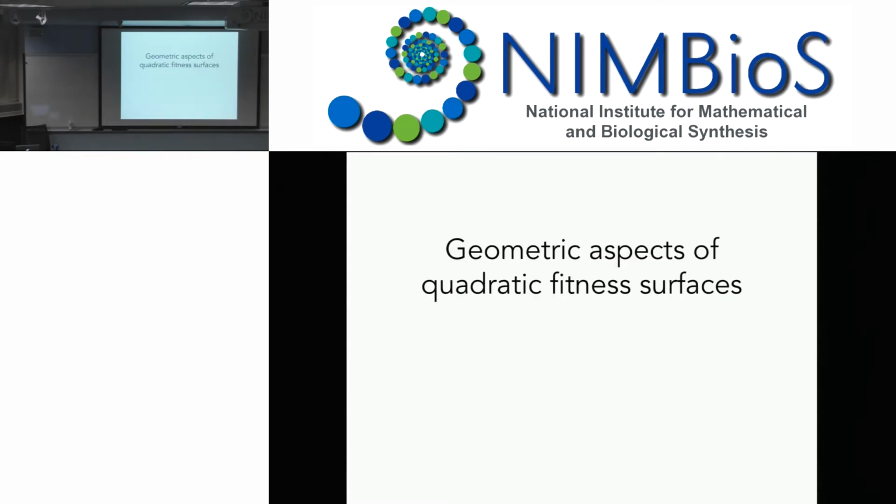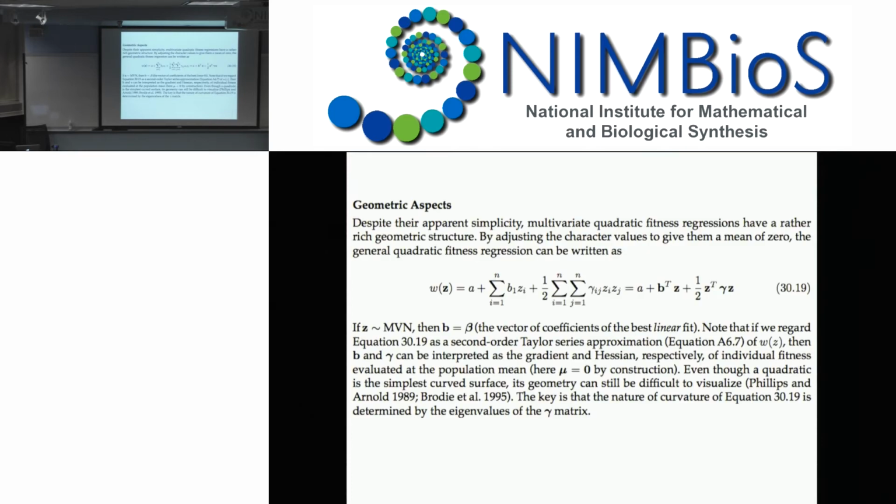Let's talk first of all about quadratic fitness surfaces. So here is our model. Again, what I'm doing is I'm asking for my data, what's the best quadratic fit predicting relative fitness of individuals, given a list of trait values? And the key thing here is we want to look at this quadratic term here.